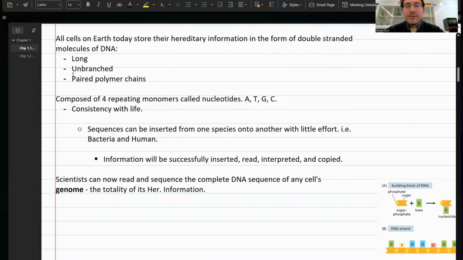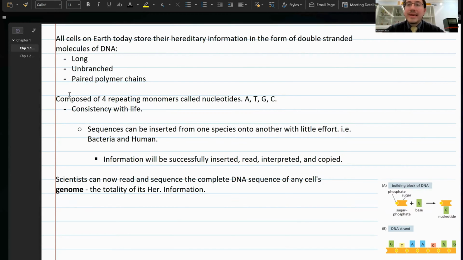But just to reiterate here, DNA is a double-stranded nucleic acid macromolecule, a polymer you can also call it, that is very long and unbranched, right? And basically they're paired polymer chains.